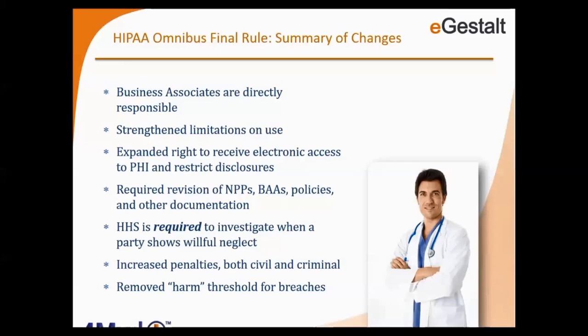The key changes are that now, as per the HIPAA Omnibus regulation, not only covered entities but business associates are also under the scope of the law, which means they need to take steps to ensure privacy and security of PHI that's shared with them by the covered entity.